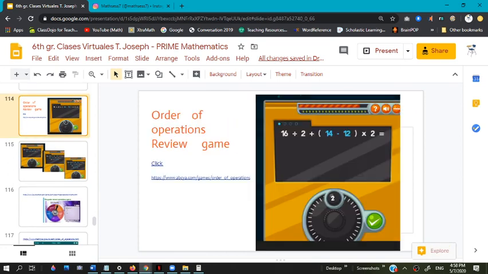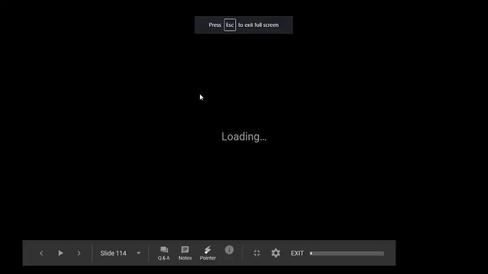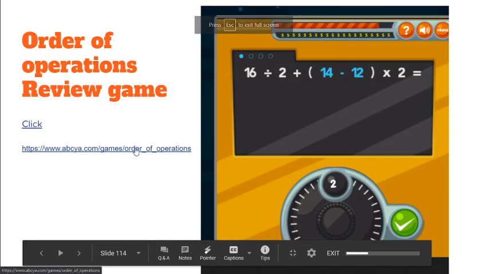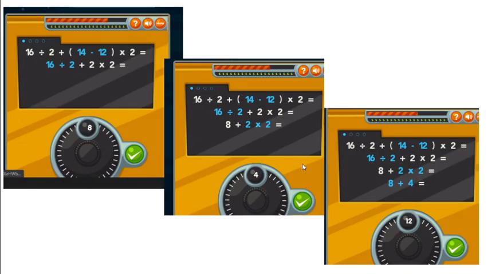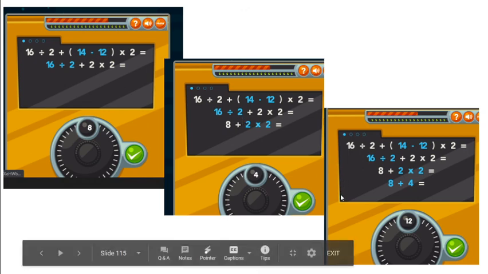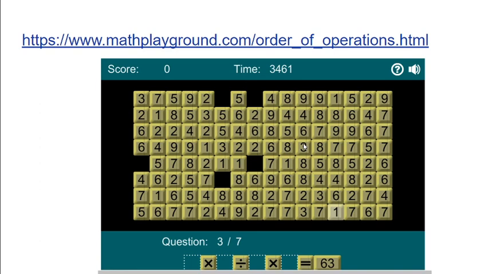If you want to practice a little bit more, I would recommend you go to this game right here. This game is called abcya.com, and it's order of operations. If you click here, it'll put the order of operations in a game format. You have to pick which ones you do first. So obviously you do the parentheses first, and then the division, and then the multiplication and addition, and then you'll get the final answer. Here is another one, Math Playground.